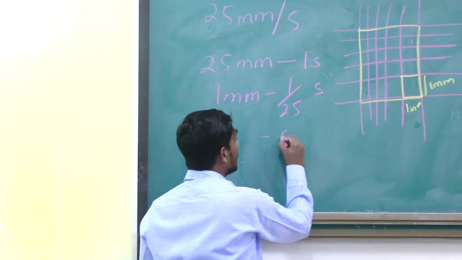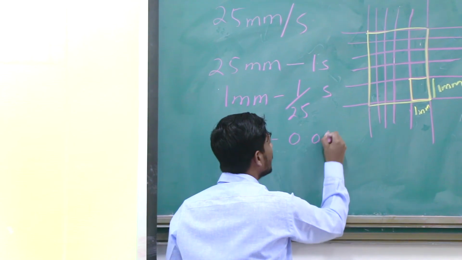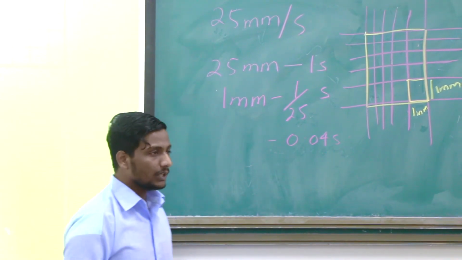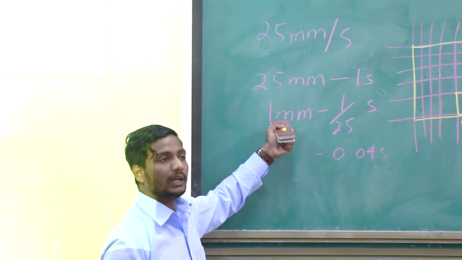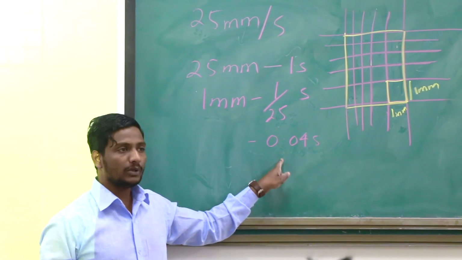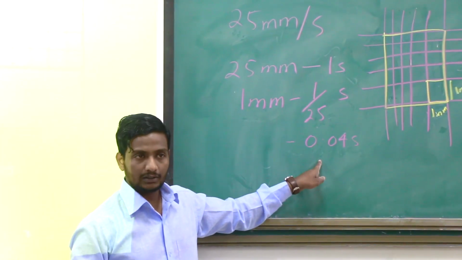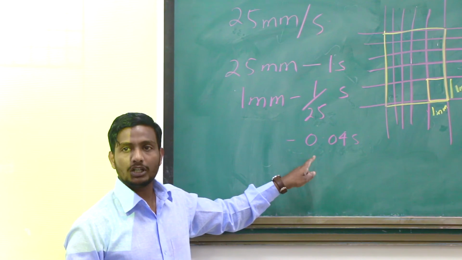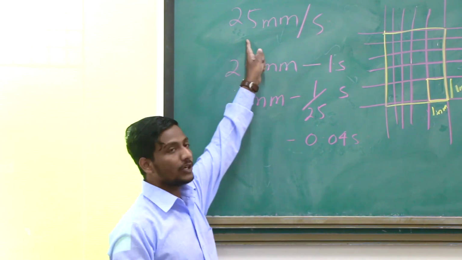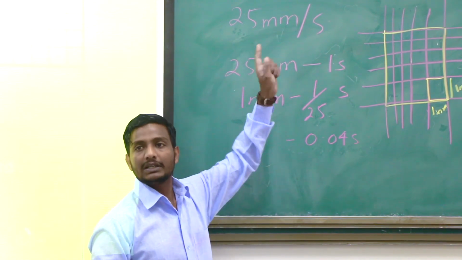And then this will come to 0.04 seconds. So it means 1 millimeter, that means one small square, is equal to how much? 0.04 seconds. Right? And this is all dependent because the speed of the paper is 25 millimeters per second.